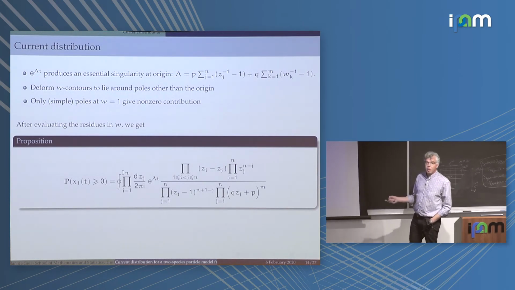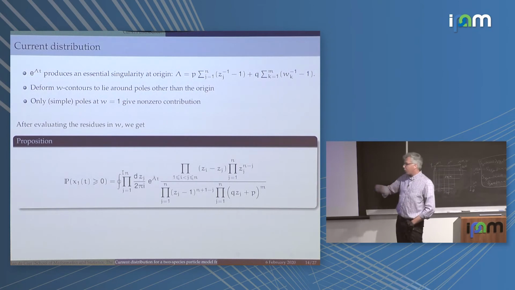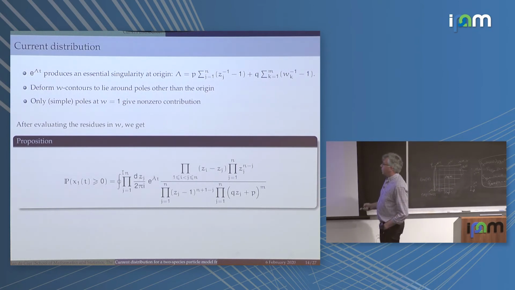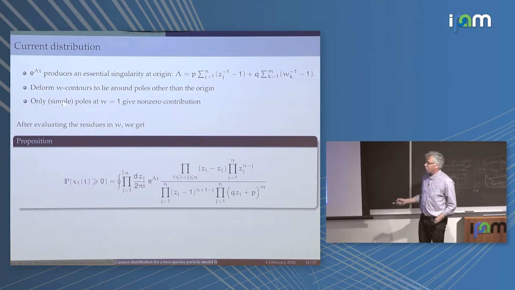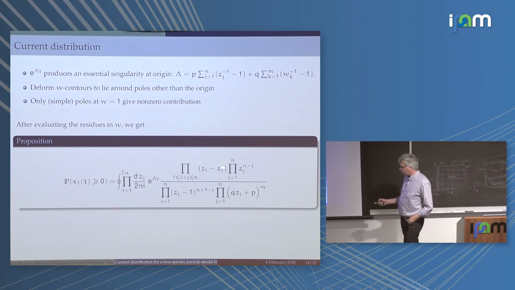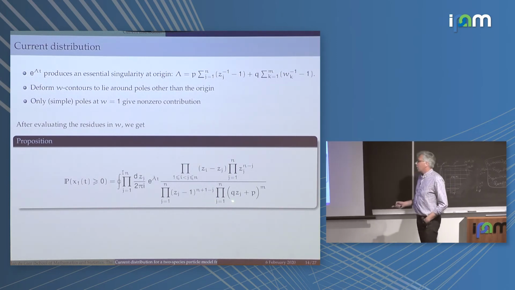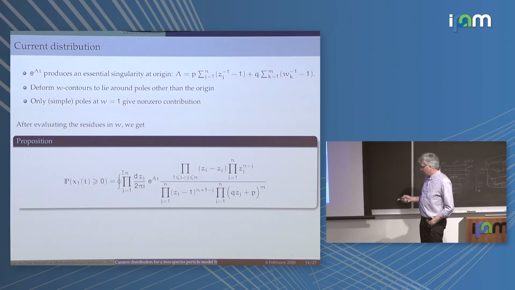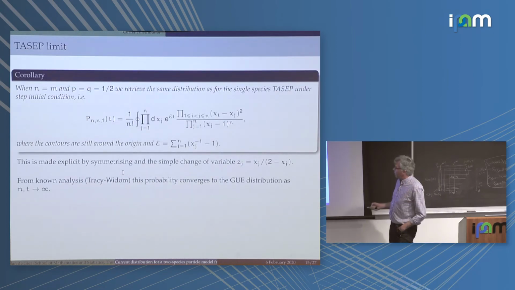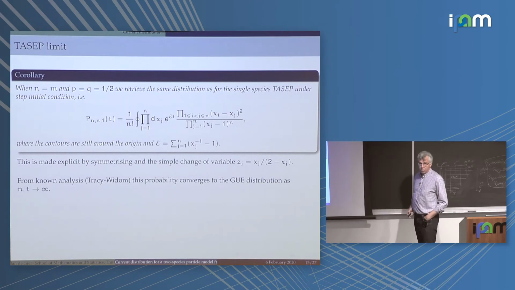And then you can integrate these poles one by one, because the poles are simple, so there are very simple residues, and you can integrate out the w variables, and you end up with a simpler formula that looks like this, where you integrate just over one family, and basically that's a TASEP type of distribution.